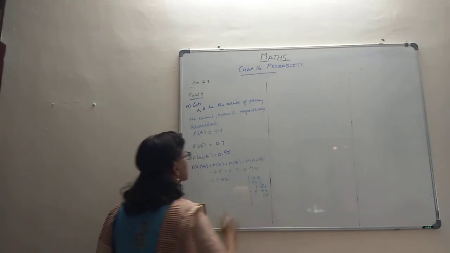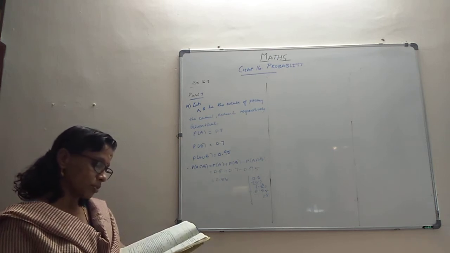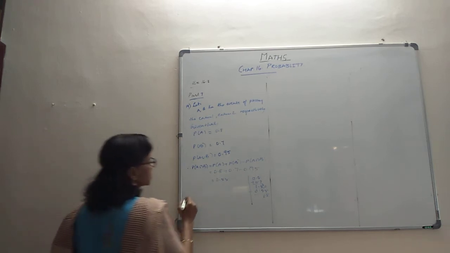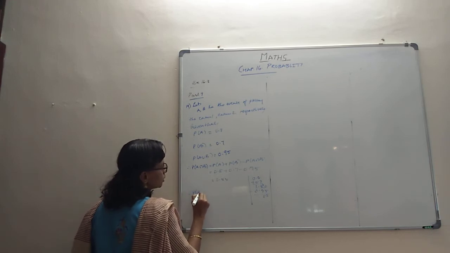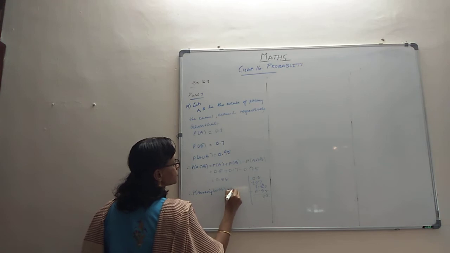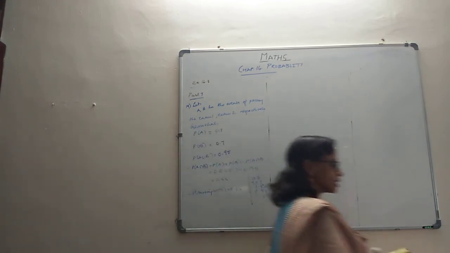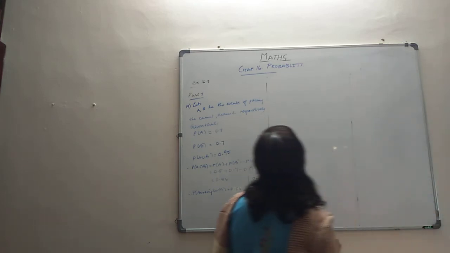So the probability of passing both is 0.55. That's what they ask us in problem number 19.